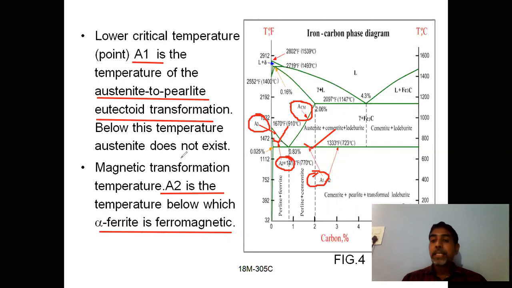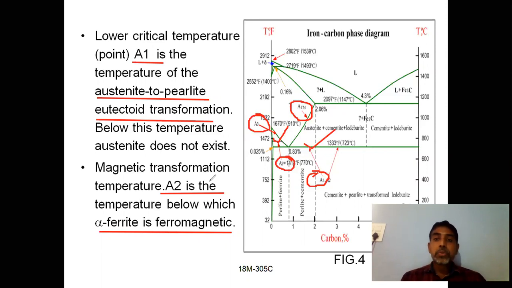Below this temperature A2 line, your alpha iron is ferromagnetic in nature, that means magnetic. We know that alpha iron exists in both magnetic and non-magnetic nature. So below this point A2, your alpha iron will exist in ferromagnetic, that means magnetic nature.